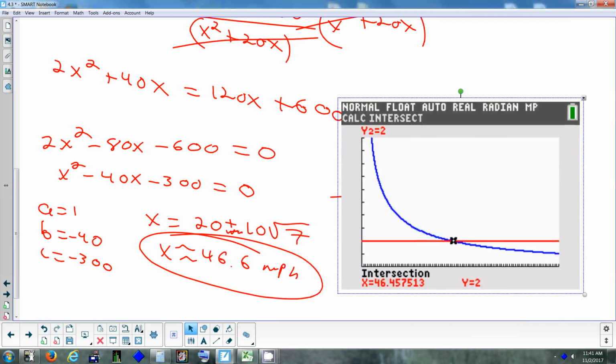Same thing we got with the quadratic formula. No question on that one. So even if the problem says to solve algebraically, you can at least check your answer in probably under 60 seconds graphically. It's a very quick way to check it.